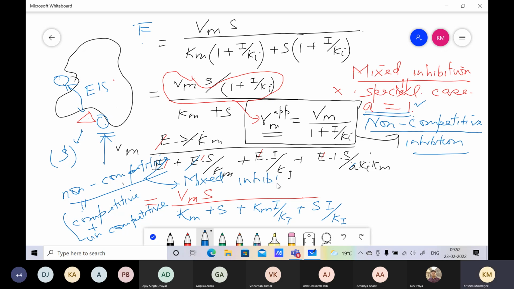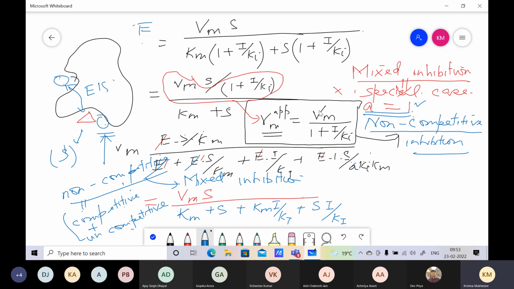Competitive and uncompetitive were not mixed inhibition. It was either E plus I giving EI, or ES plus I giving EIS. But now you have mixed inhibition where both kinds of inhibitions are working, and non-competitive is actually a special case of mixed inhibition where the competitive and uncompetitive parts are exactly equal, alpha is equal to 1.